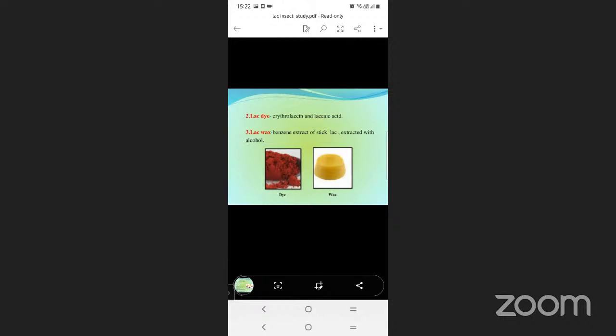So we see here that the lac nymph is the first form we are seeing, then the lac male adult, lac female adult, and the lac female young adult, male cell, female cell, and as we said, female cell and adult mature.